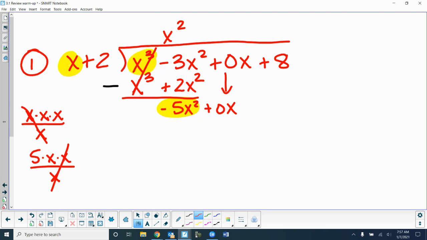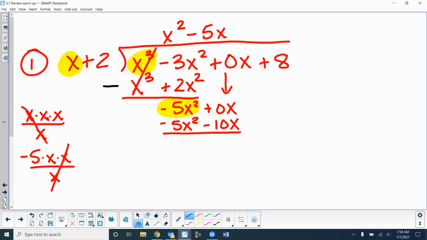What's that equal? Oops, negative, sorry. So negative 5x, right? Okay. So negative 5x times x is that negative 5x squared. Matches up. And negative 5x times a positive 2 is a negative 10x.